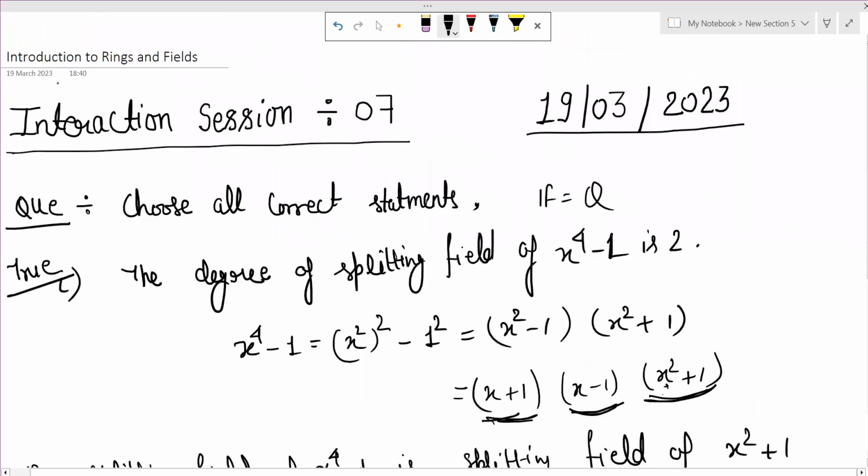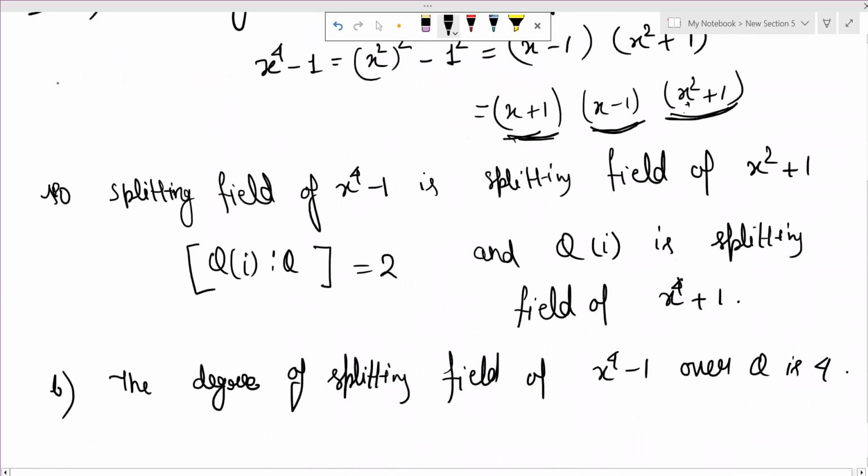Here in the first part I proved that this is degree 2, so it cannot be 4. So this option will automatically be false, right?